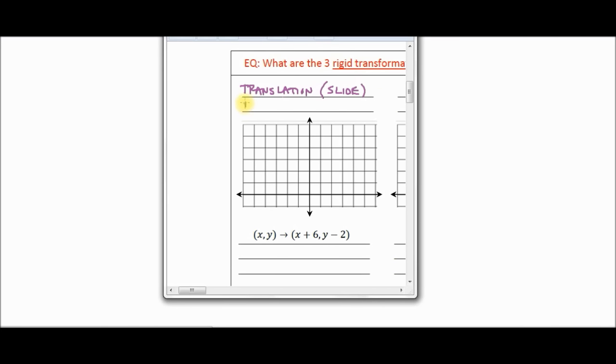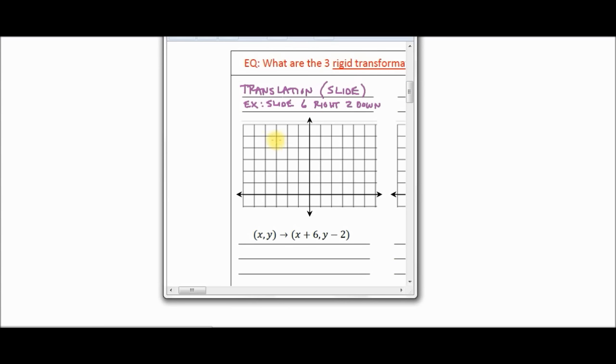So let's say we're going to slide something 6 units right and 2 units down. 6 right and 2 down. So let's go ahead and draw a triangle here.